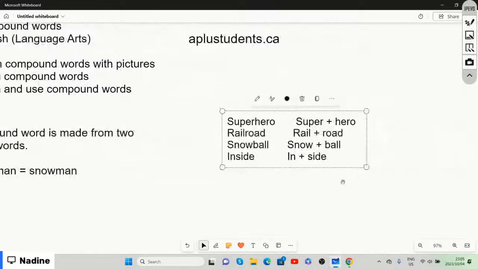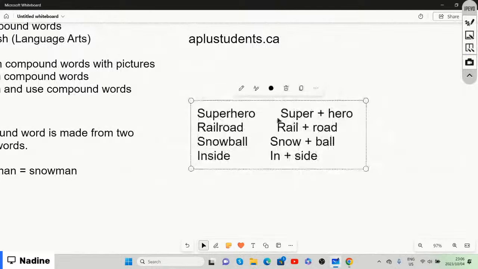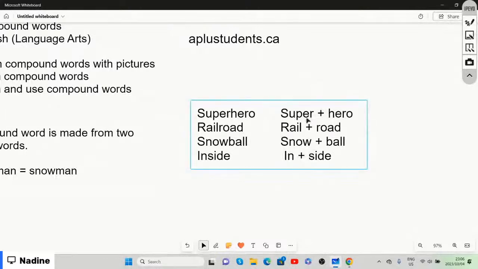So a few more examples of compound words. Superhero is super plus hero. And a superhero is somebody that saves the world or saves people or saves something or someone, right?